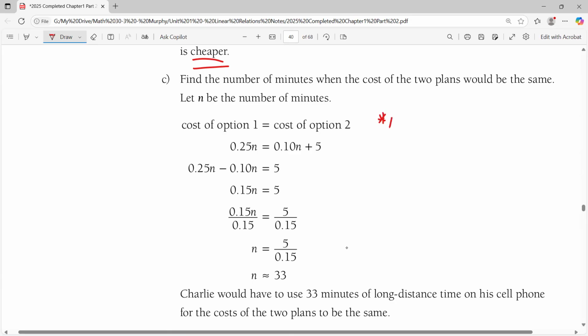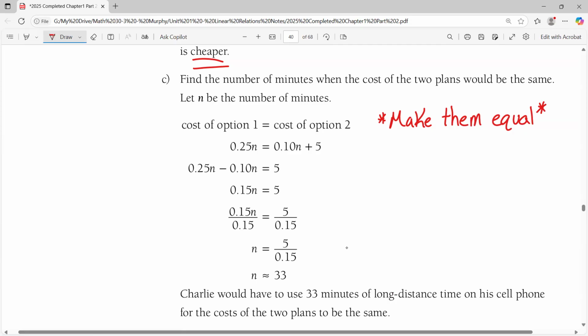In essence, make them equal, and you just use an equal sign to do that. Then you take the two equations. So here's 0.25n. They changed the x to an n. I don't care, just use x if that's best for you, or use the word minutes. That equals 10 cents times the minutes plus 5.